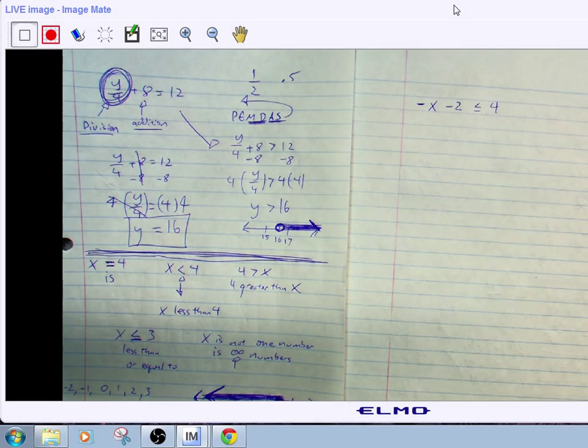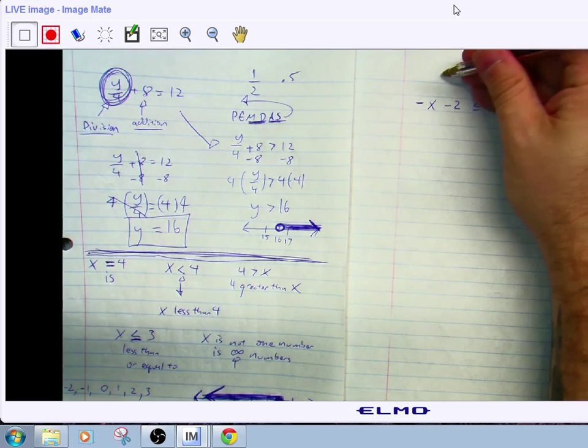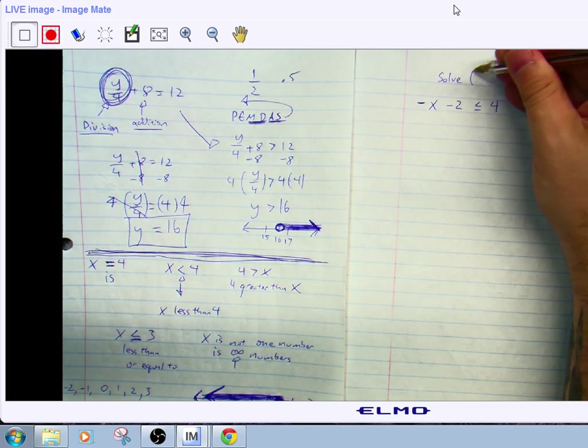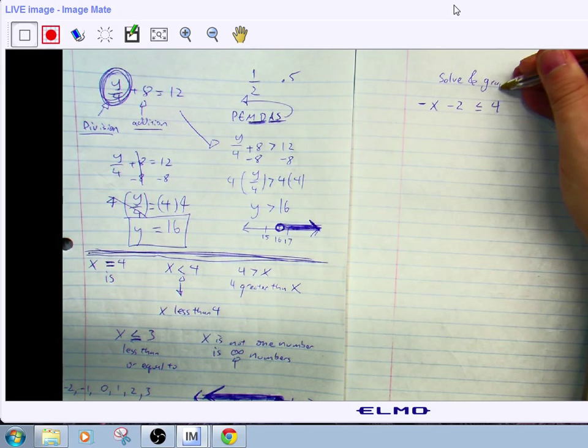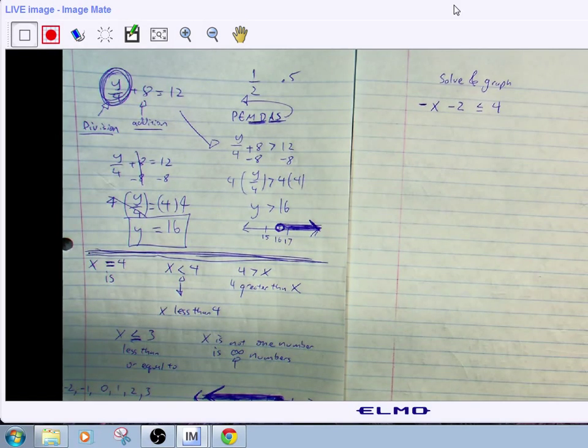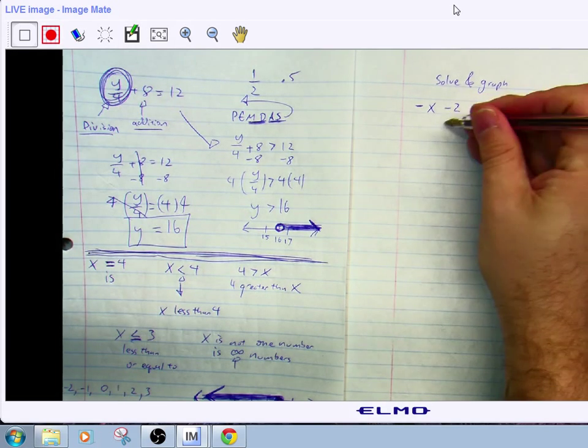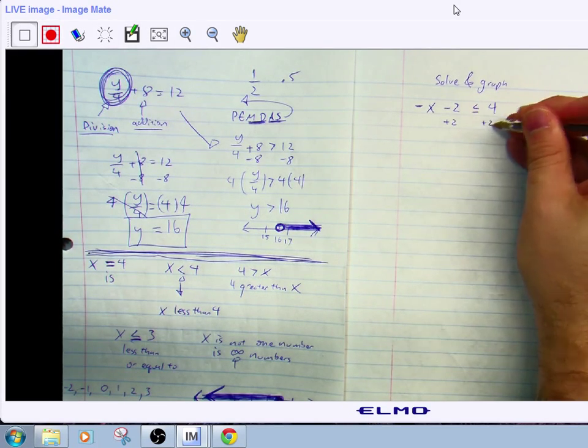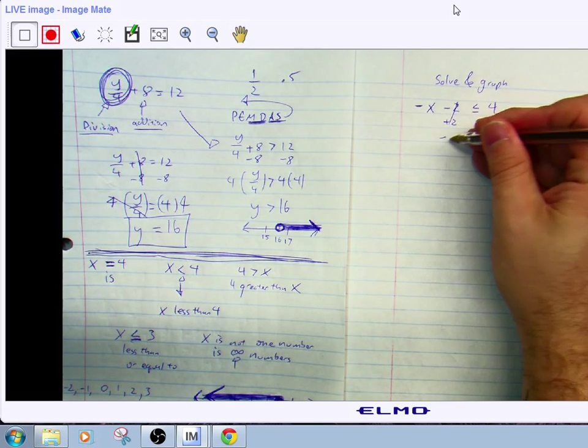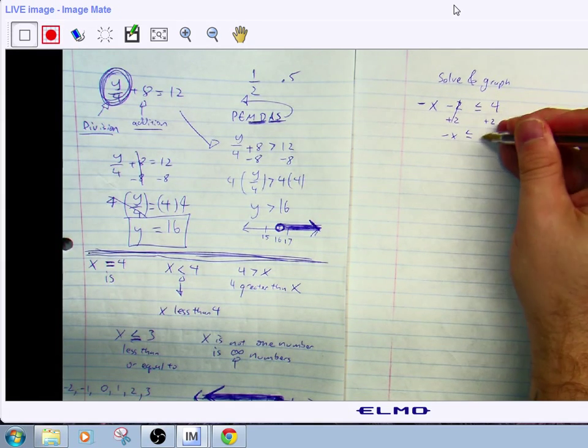And I asked you to solve and graph this. We're going to go through the same steps we normally do for a two-step equation. I'm going to see that I have a minus 2, so I'm going to add 2. This will cancel out to 0. I have negative x is less than or equal to 6.